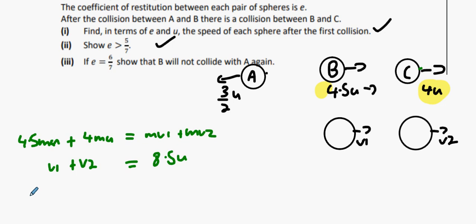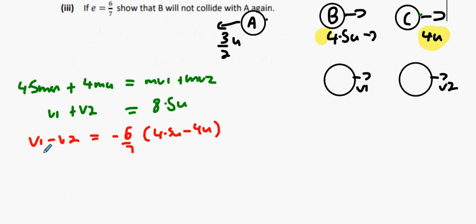NEL, Newton's experimental law: V1 minus V2 equals minus 6 over 7 times (4.5U take away 4U), which is obviously half U. Don't bring up to 7, we'd just end up multiplying it out again.